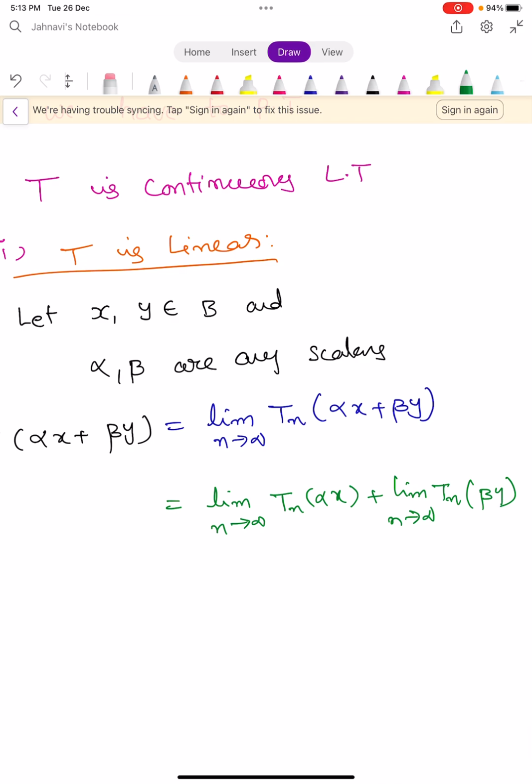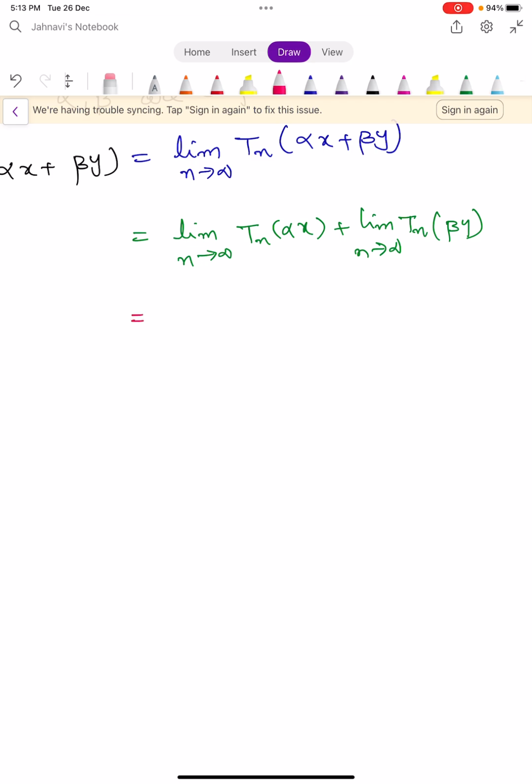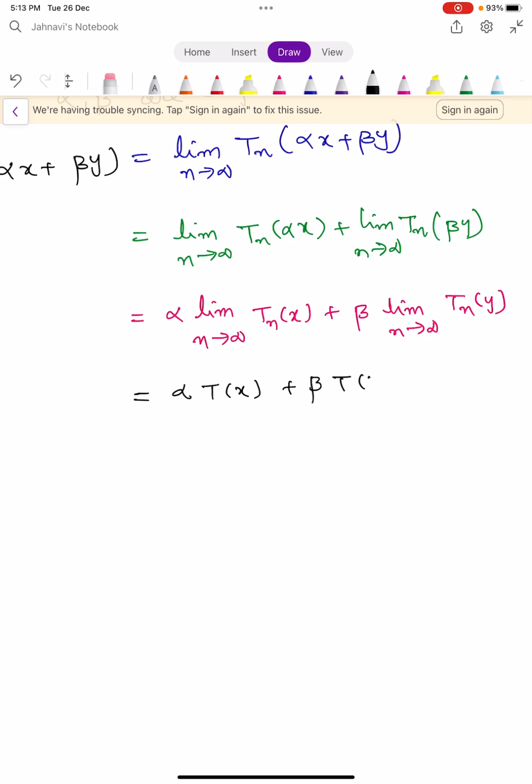Again, alpha and beta are scalars, so they are not influenced by the limit: alpha into limit n tends to infinity Tn of x plus beta into limit n tends to infinity Tn of y. Again, by the definition, you can write: alpha T of x plus beta T of y.